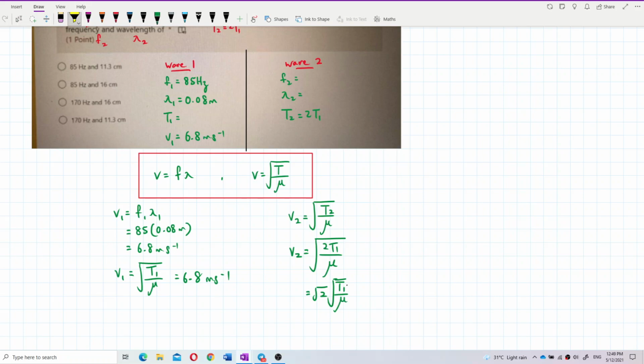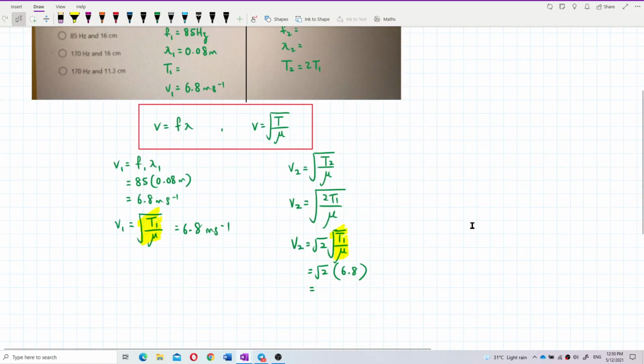So you can see this one equals this one, isn't it? This is for V2. So we can just substitute. This one is surd 2, and this one has changed to 6.8. So we got the speed of wave for wave 2: surd 2 multiplied by 6.8.